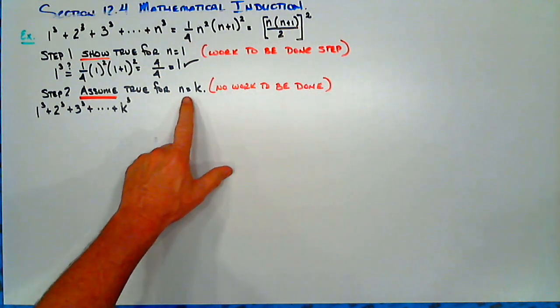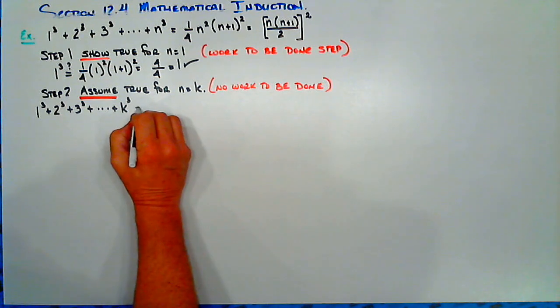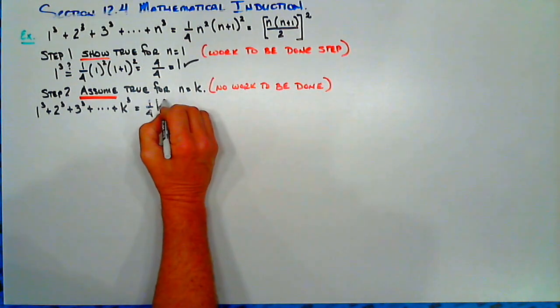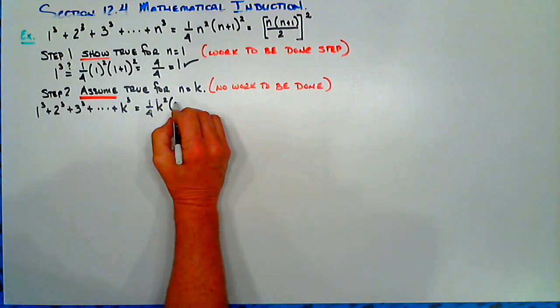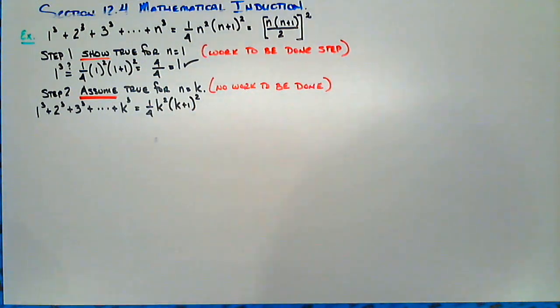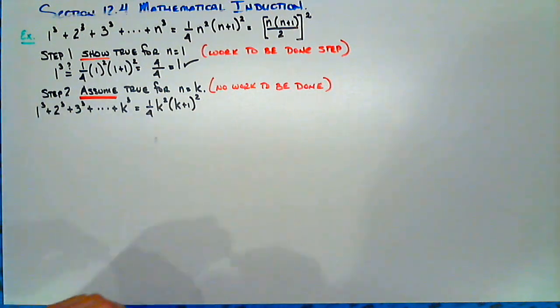Because we're replacing n with k. And so what would that equal then? It would equal 1/4, wouldn't it? 1/4 k squared times k plus 1 squared. There's no work to be done in step 2. Step 2 is finished. We assumed it was true, so there's no work.